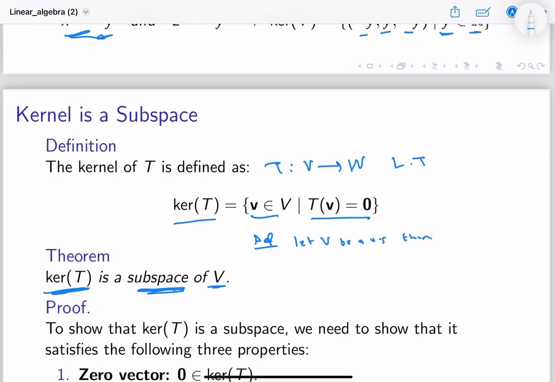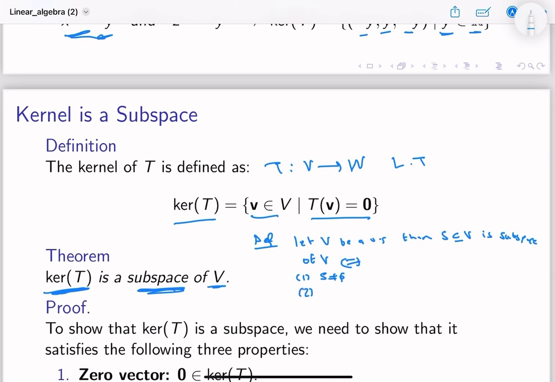If S is a subset of V, S is called a subspace of V if and only if, first, we require that S not be empty. Some people require that 0 should be in S, but these are equivalent.